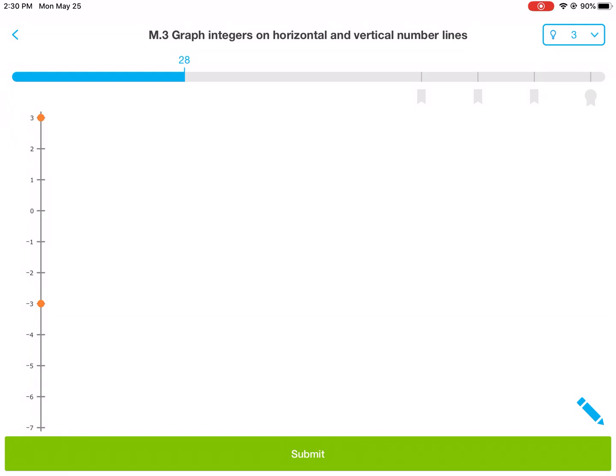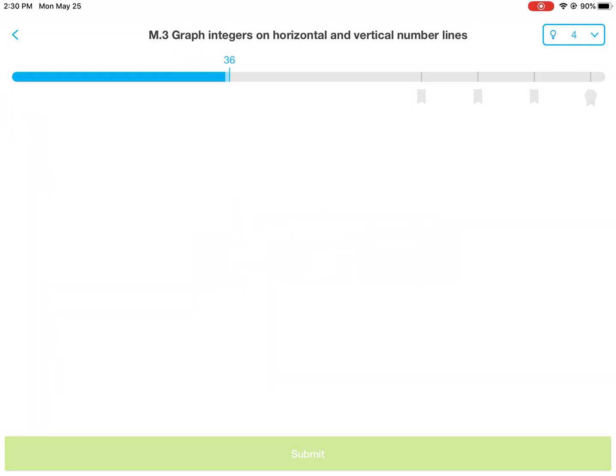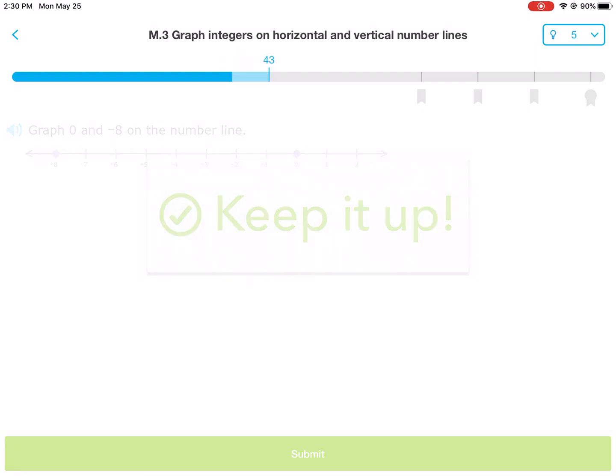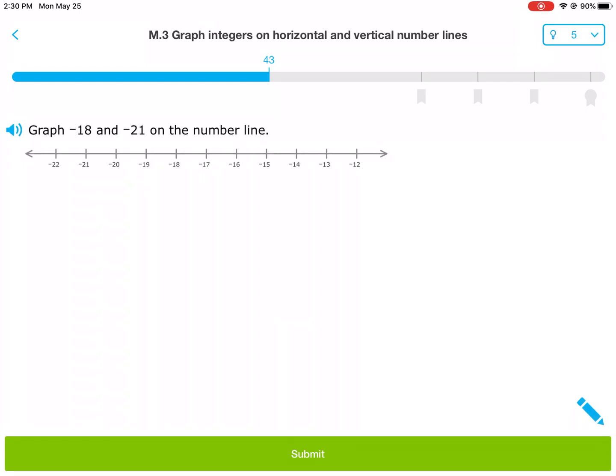Another set of opposites. Okay. 0, -8. Okay. -18 and -21. So -18 is closer to 0. -21 is further to the left. Okay, so that means -21 is less than -18.